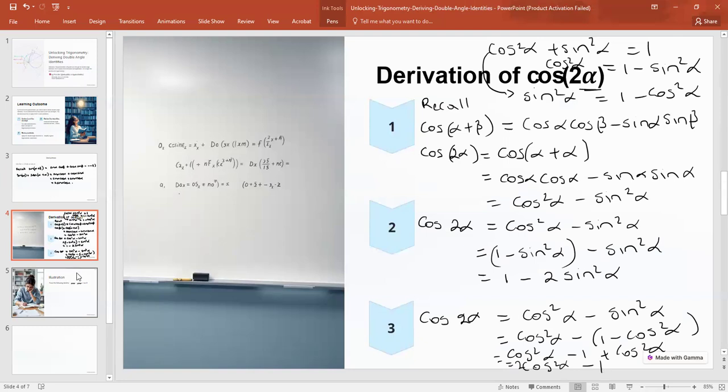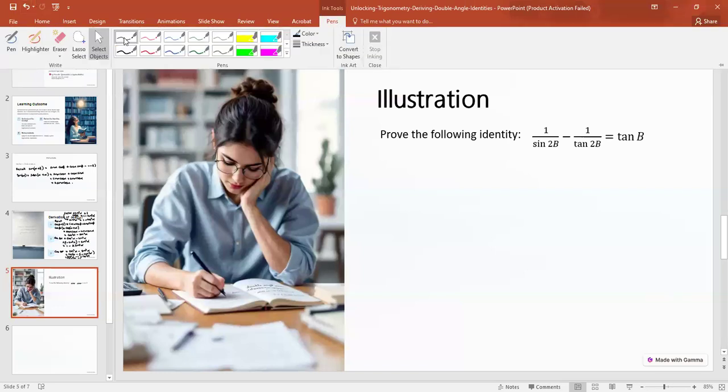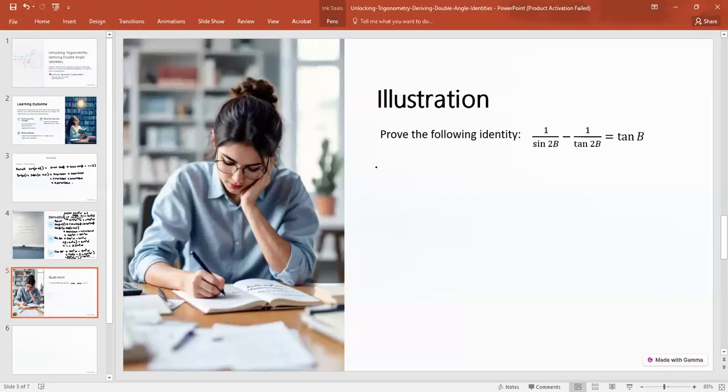Now, let's look at how we can use this well-known double angle identity to simplify a given trigonometric expression. This is to show you how amazing some trigonometric concepts can be. Let's dive into the illustration. We want to use the left-hand side and apply our well-known double angle identities.